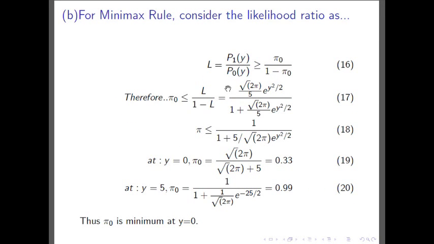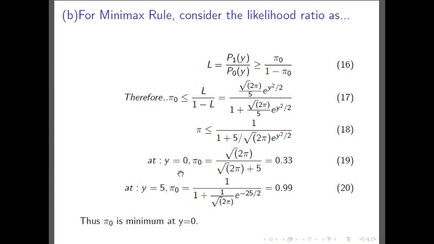For the minimax rule, the likelihood ratio is considered as L is equal to P1 of y divided by P0 of y, which is greater than or equal to pi naught divided by 1 minus pi naught. On substituting the equations for P1 of y and P0 of y, we have pi naught less than or equal to 1 divided by 1 plus 5 divided by root 2 pi into e power y square by 2.